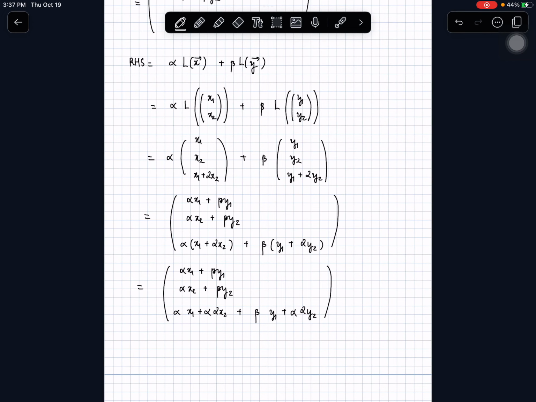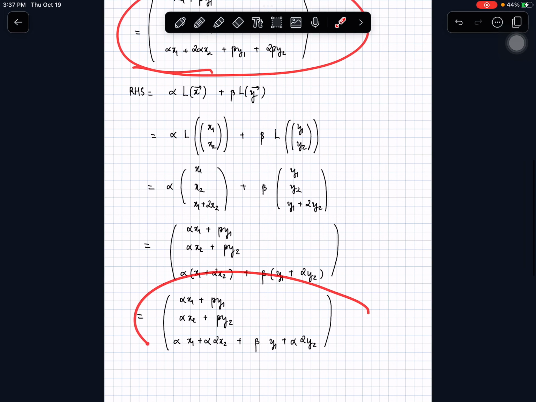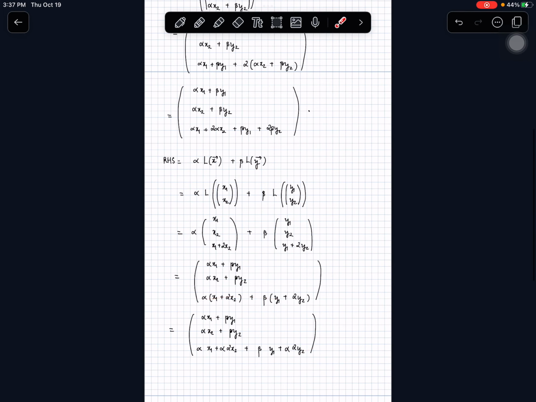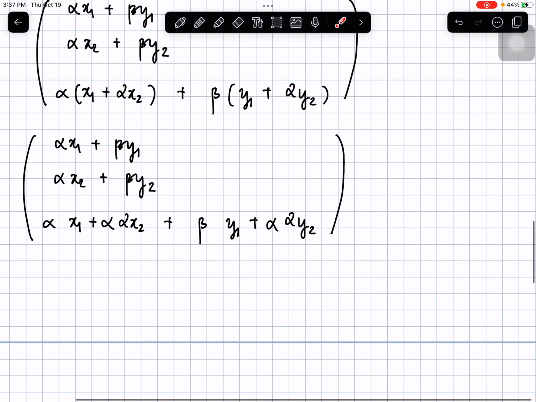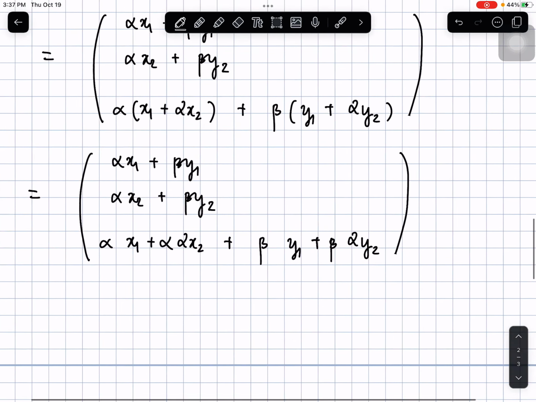So this is the left hand side, equal to this one, the right hand side, and they are exactly the same. Beta y1, alpha, oh I'm sorry, this should be beta. Beta 2 times y2, yep.